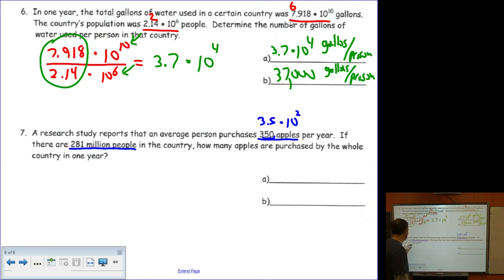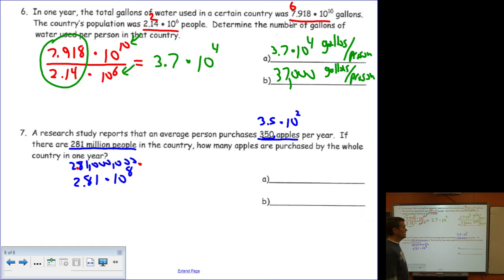So 281 million looks like this. And I want the decimal to be right here instead of here. So I'm going to have to move the decimal 1, 2, 3, 4, 5, 6, 7, 8 spots. 2.81 times 10 to the 8th.